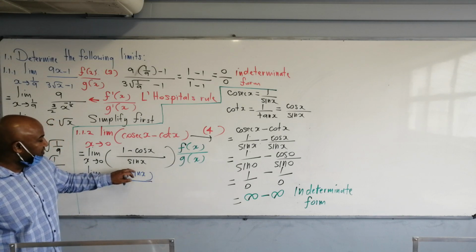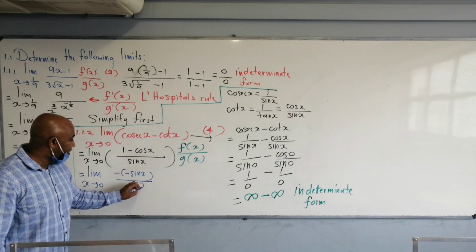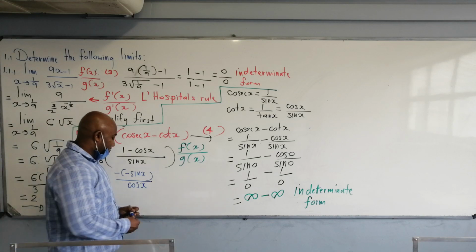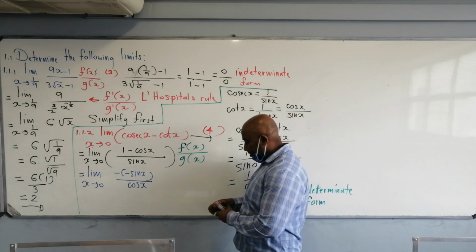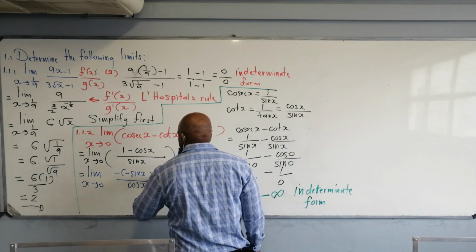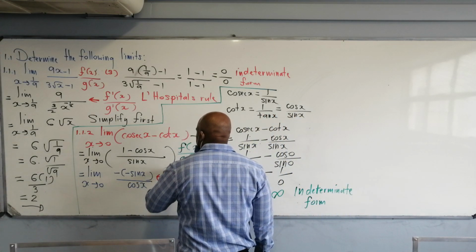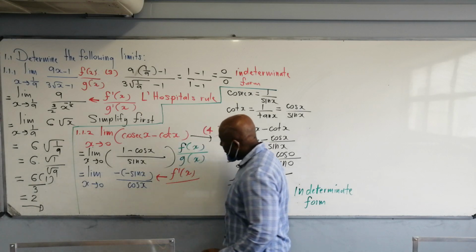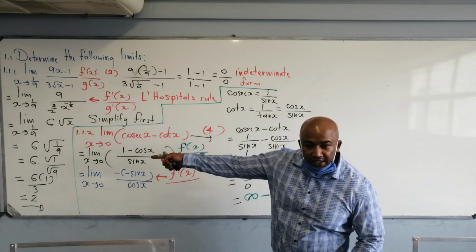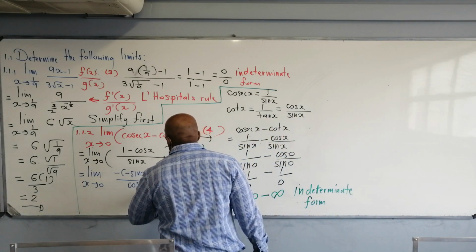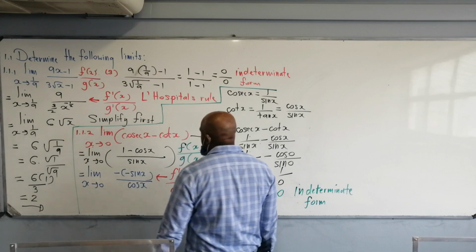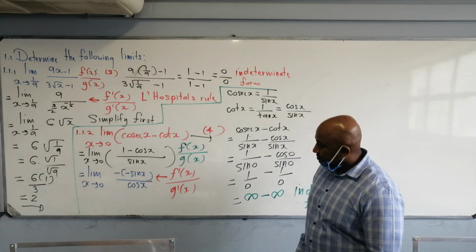You can see that the derivative of sine is cos. So you must indicate the rule. What did you do there? I found the first derivative of the numerator, because I identified the numerator as f of x, so the first derivative is f prime x. First derivative of the denominator, g prime x.